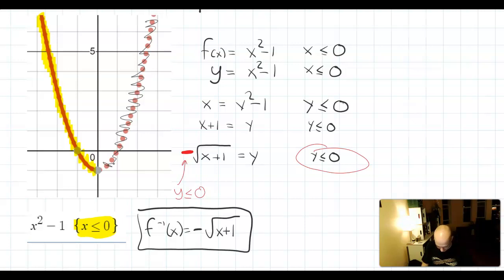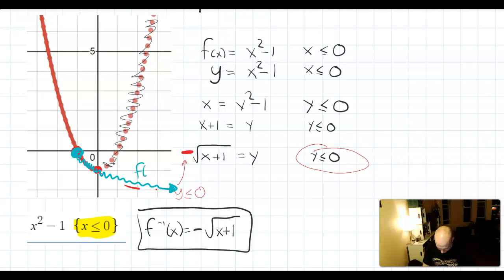I can graph that as well, so what would that do? That's going to be the square root graph, shifted over to the left, but then instead of opening upwards, it's going to open downwards. Actually travels over many of the same points. Actually, I should do that in a different color. Let's do that in like blue. There. It's going to travel over many of the same points and go out this way.